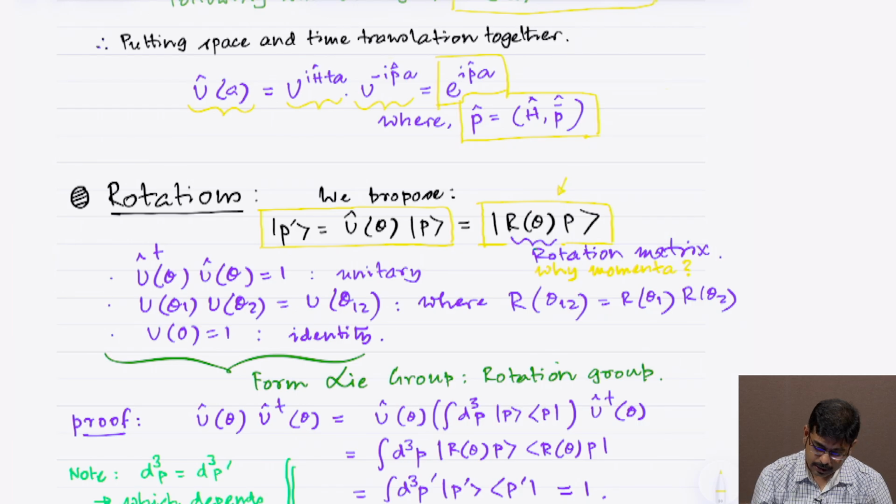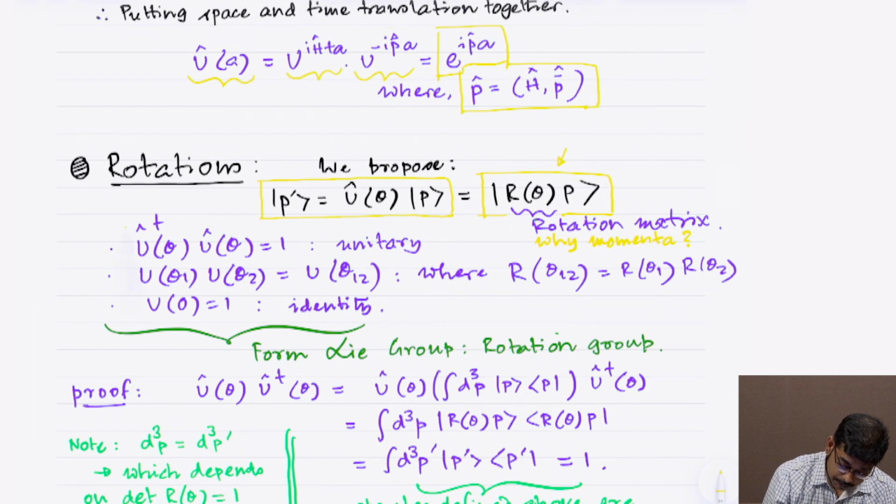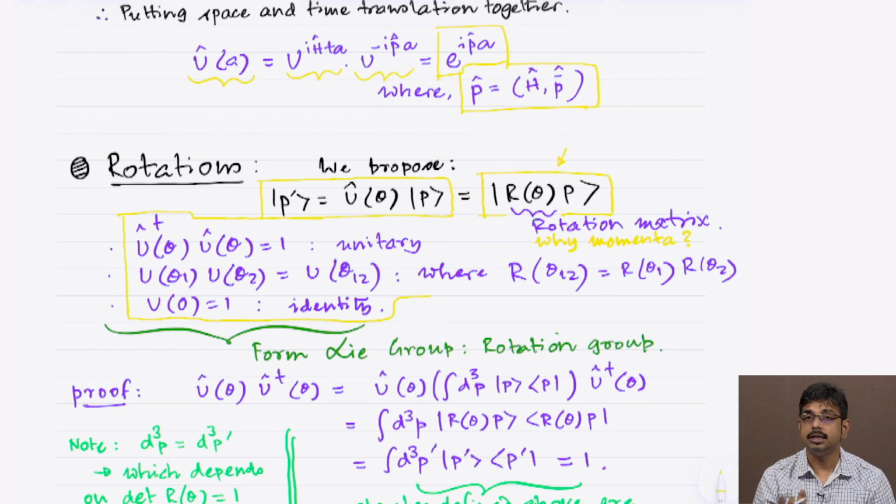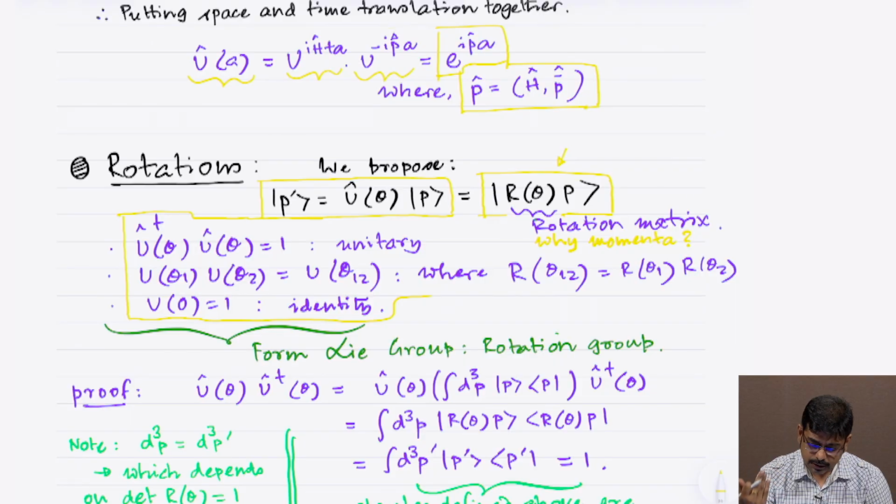This is once again the case, and similar to the previous arguments, one can verify that U dagger(theta) U(theta) must be equal to unity, and you have all the properties of a group: unitarity, identity. You can always think of rotating by 0 units, which gives you the identity. You can always think of a reverse rotation, which will bring you back to the identity.